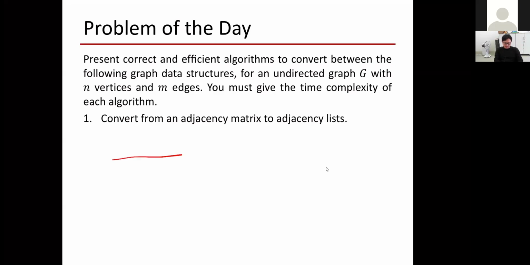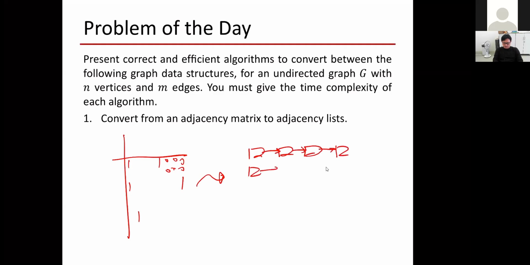So the adjacency matrix looks something like this, 1, 1, 1, and everything else is 0, and I want to convert it to the list. Okay, so what's the best way to do this? Let's think for 4 or 5 minutes, and we're going to discuss it.